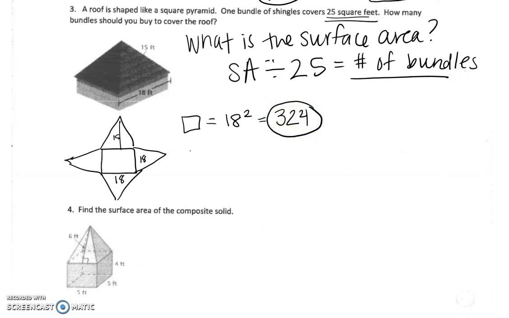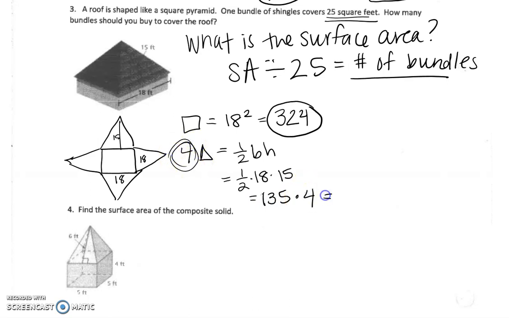So I'm going to have to add that. Plus I have 4 triangles of 1/2 base times height. My base is 18. My height is 15. So 18 times 15, and half of that is 135. But be careful, I have 4 of those, so 135 times 4 is 540.